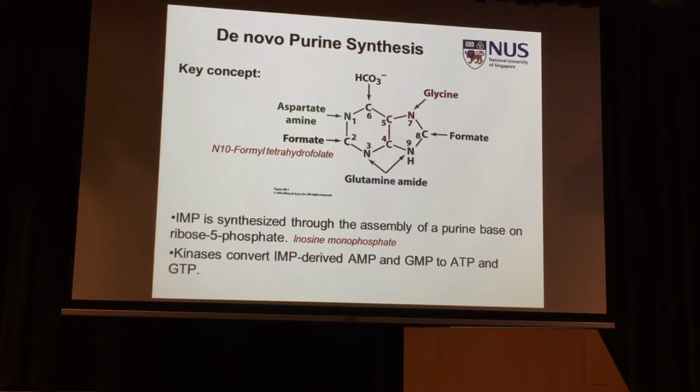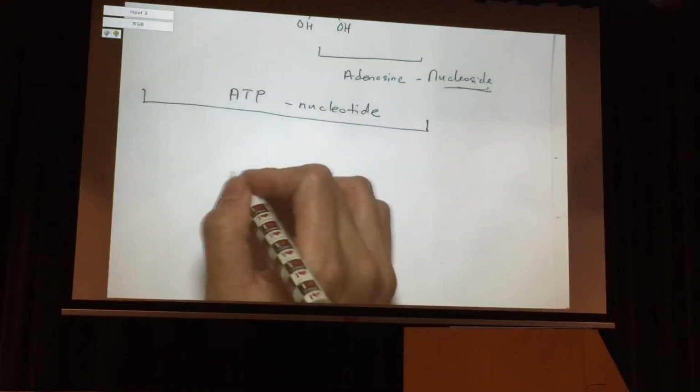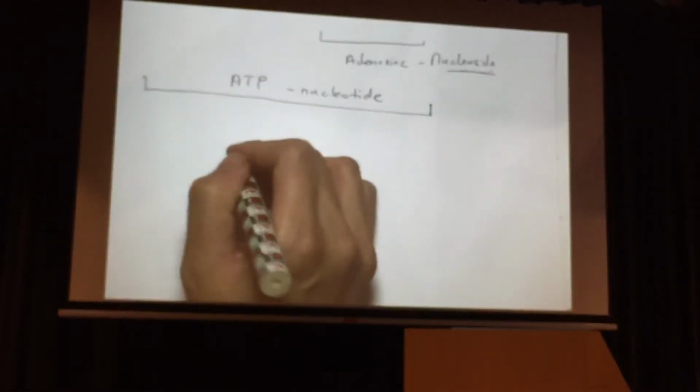The carbon atoms here and here are contributed by what we call formate, or more specifically N10-formyl tetrahydrofolate. This is the precursor. I will show you the structure and the donation. Formate means CHO. Formaldehyde is CH2O. You know your aldehyde group is this way.